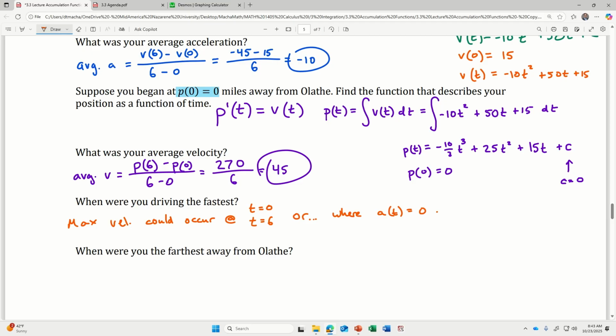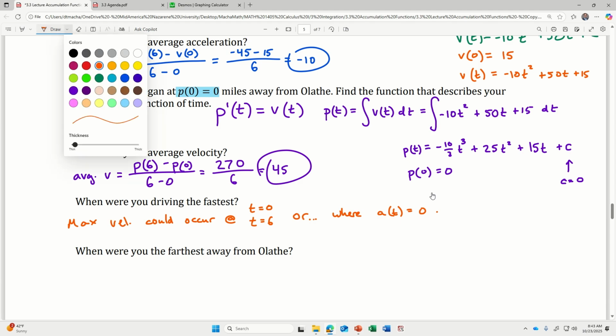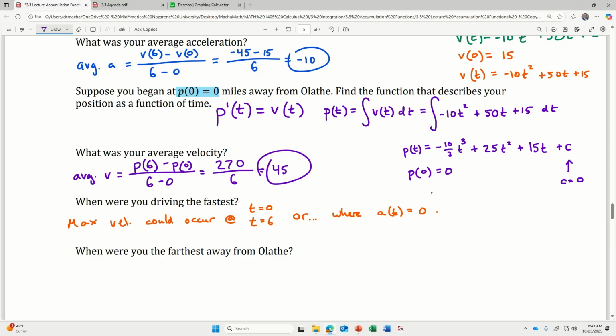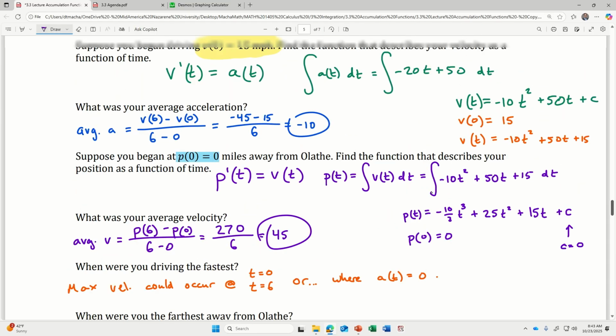Well, then the point between increasing speed and decreasing speed would be my maximum. So that would be a place where the acceleration is 0. It goes from positive to negative, and this is all continuous. This is all real life, so it kind of has to be continuous. Those are the options: either t equals 0, t equals 6, or whatever value of t gives me a 0 acceleration. So let's look at my acceleration function.